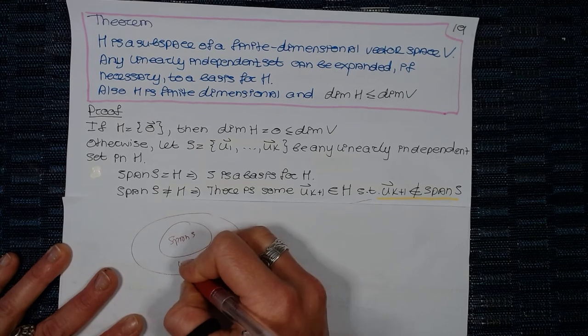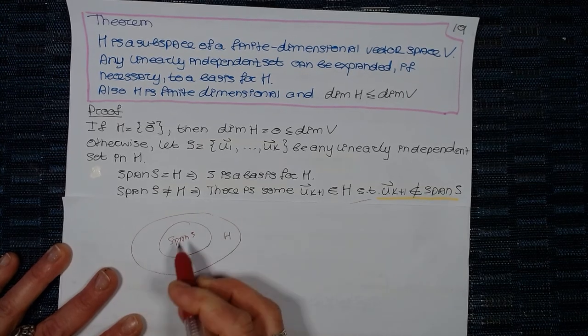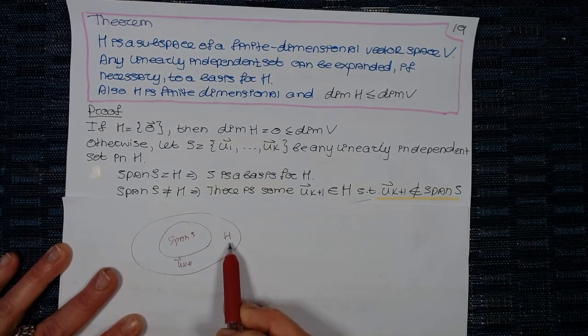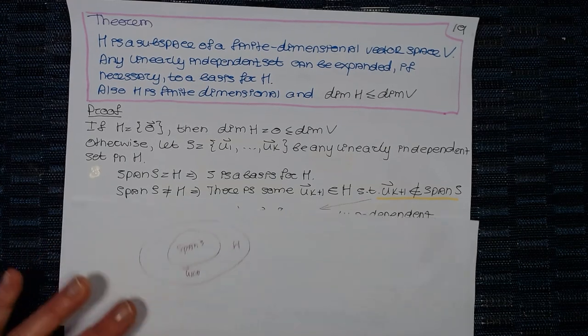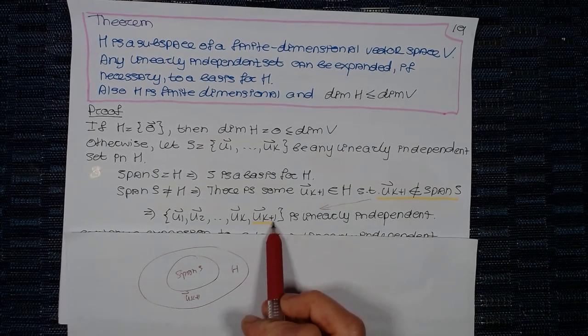So I can take some uk plus 1 that's not in span S, but is in H, and I'll just add it to my set.